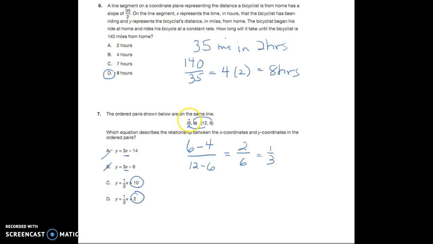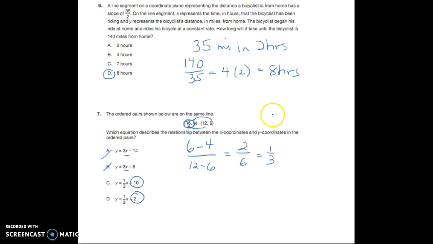So we want to look at when our x is 0, that makes our y-intercept. So if x is 0, what is our y value? If I look at the first equation, C, 0 times 1/3 gives us a y value of 10.